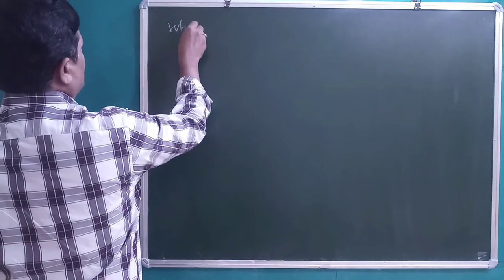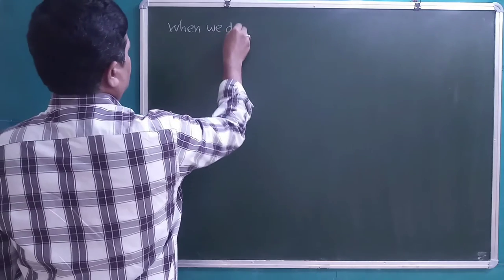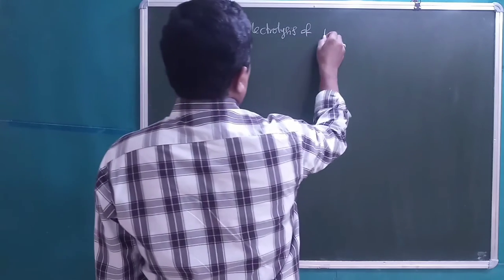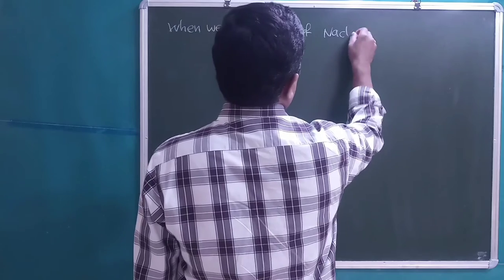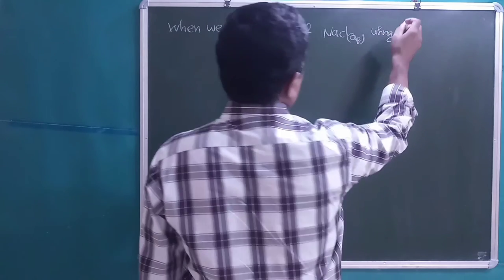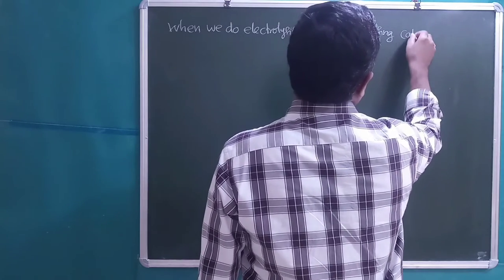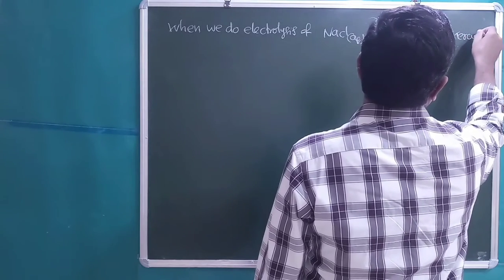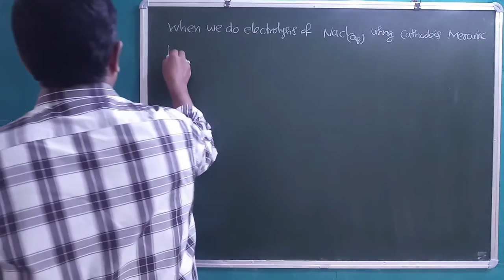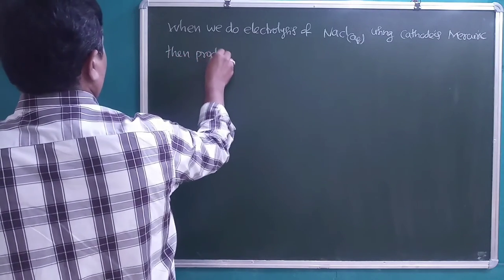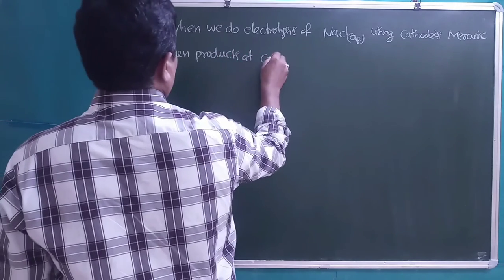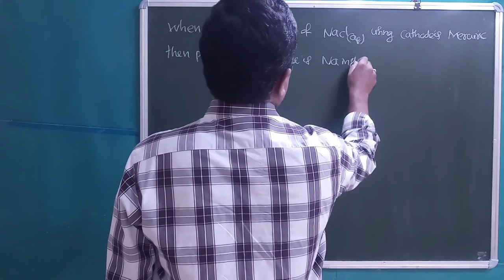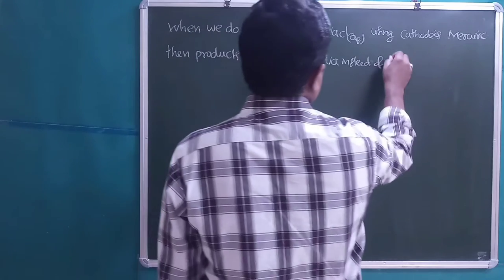When we do electrolysis of aqueous NaCl using a mercury cathode, the product at the cathode is sodium instead of hydrogen.